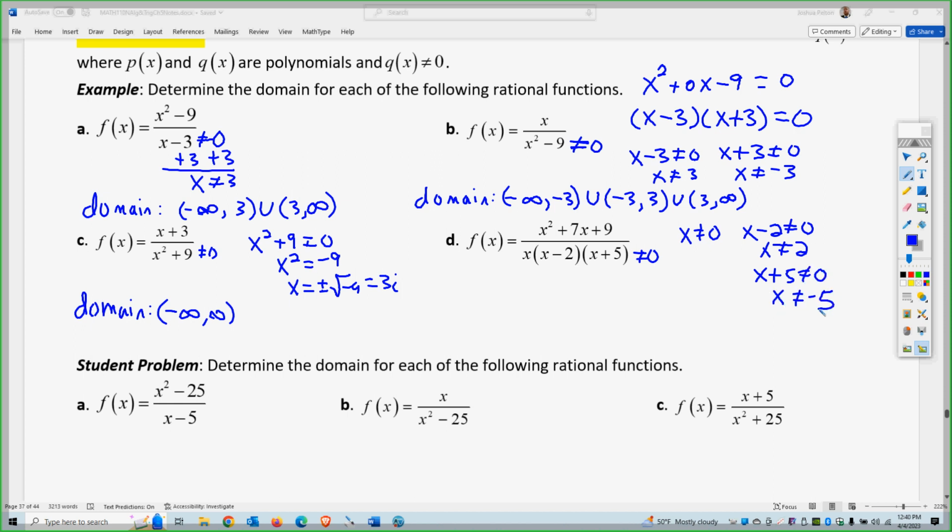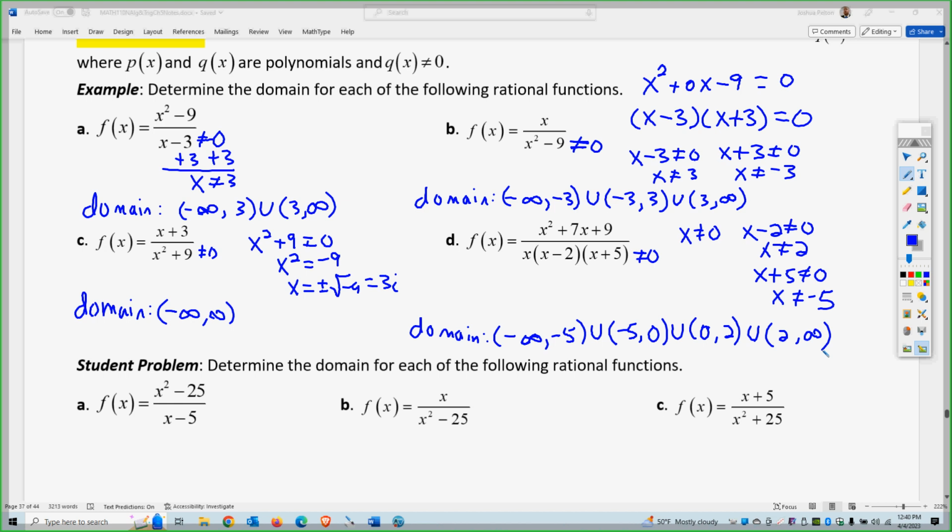All right, so going in ascending order, my domain is negative infinity to negative 5, union negative 5 to 0, union 0 to 2, and then union 2 to infinity. I just had to check with myself here to make sure I did them in ascending order. It has to be in ascending order.